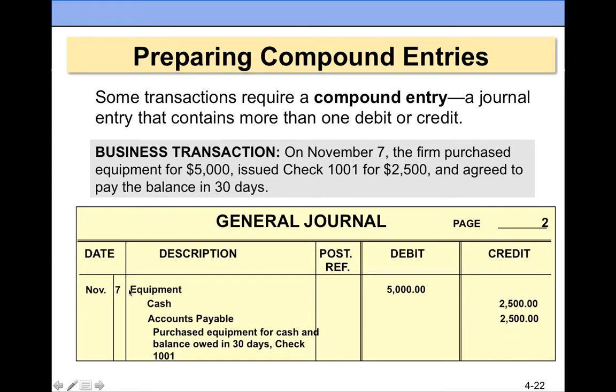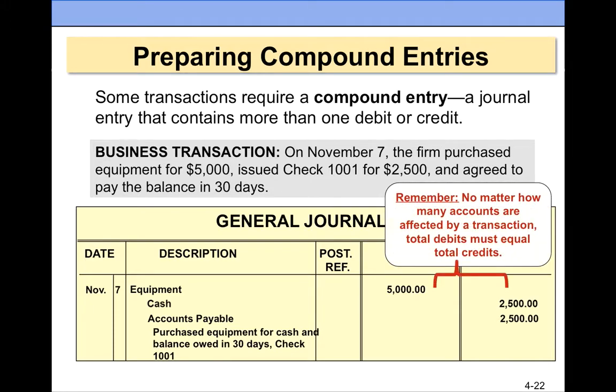Look at the format. Debit is at the margin, credits are both indented, the same indentation for cash and accounts payable. And then you indent a little more, and you write the description. Okay, so hopefully it makes sense. Remember, no matter how many accounts are affected by the transaction, your total debits must be equal to total credits. And here it is. 5,000 is equal to $5,000.